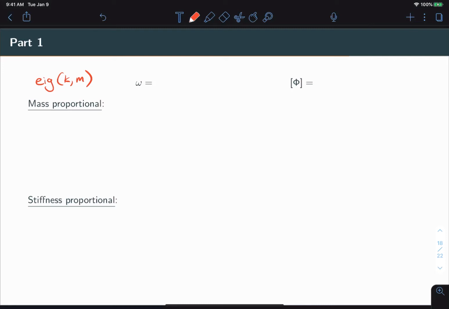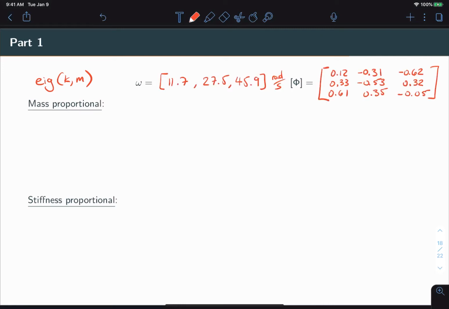I've provided a MATLAB code that goes through this entire example, so I encourage you to follow through that code as we work through these. After plugging in the values of k and m to the eig command, I get the following natural frequencies and the following mode shapes. These are mass normalized, by the way.